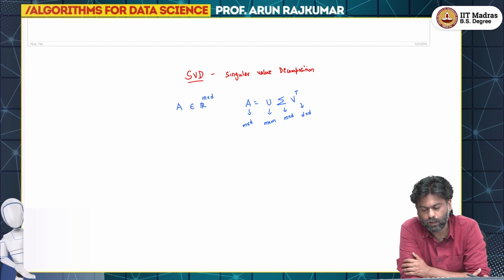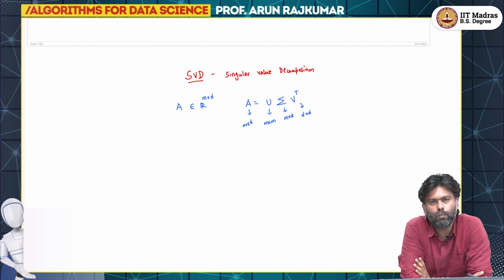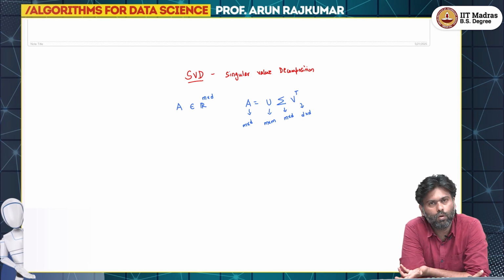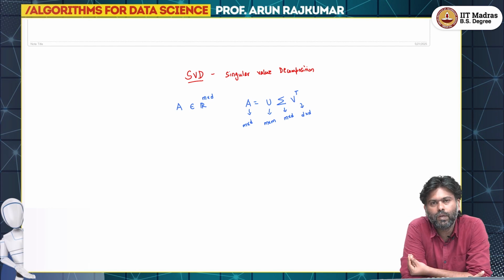Now, why is this a useful way to decompose? Well, the usefulness comes because of the fact that U and V are both orthonormal. U is an orthonormal basis for R^m, and V is an orthonormal basis for R^d, and sigma is just a bunch of scalars.